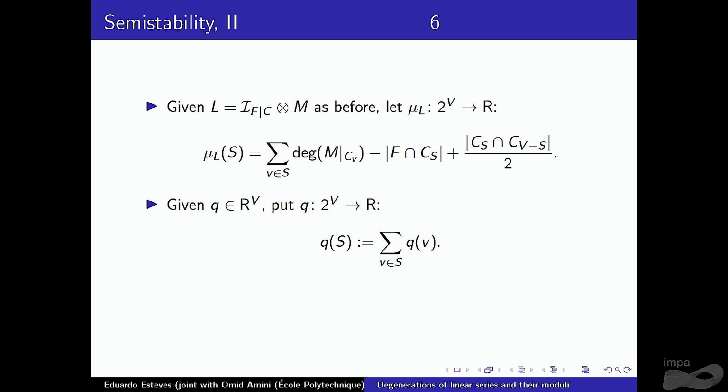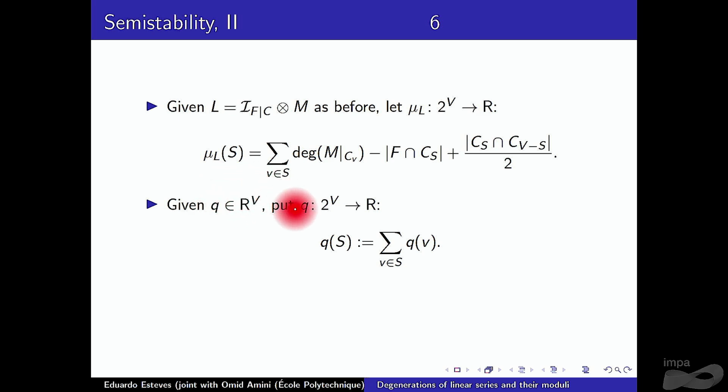So we can pick an element. That's a function that we obtain on the power set of V, and we can have another function if we pick a tuple, just a function from V to R. This is the real field here.